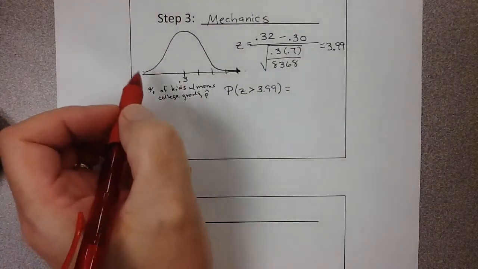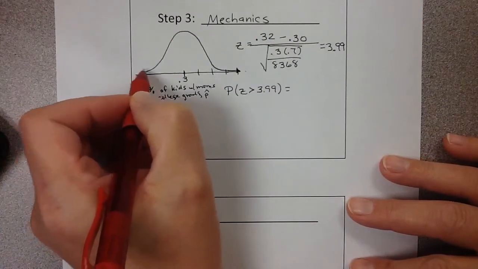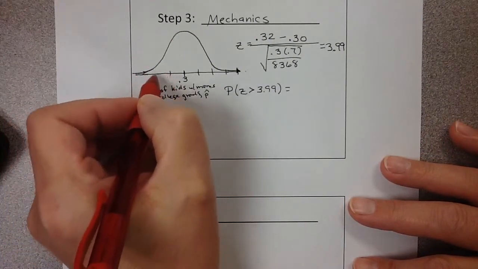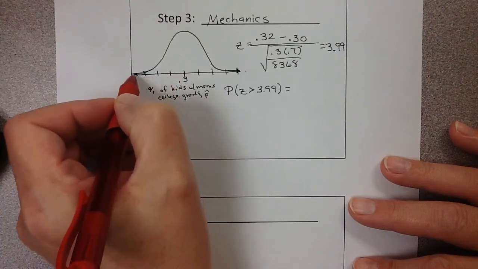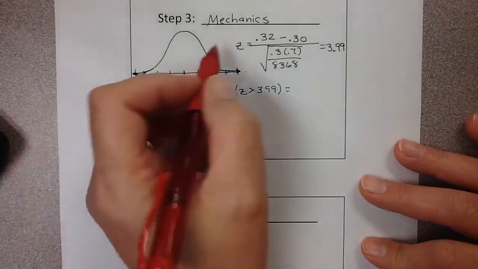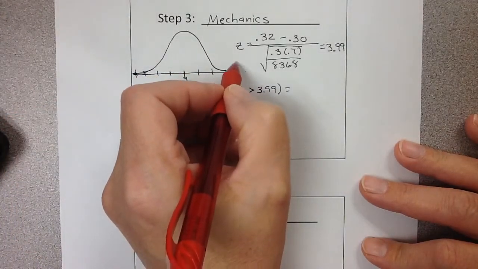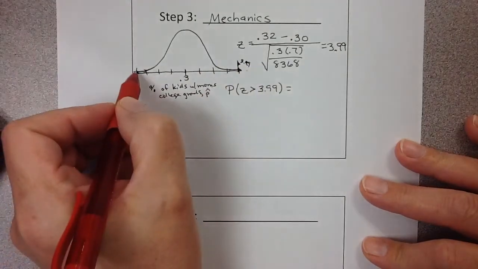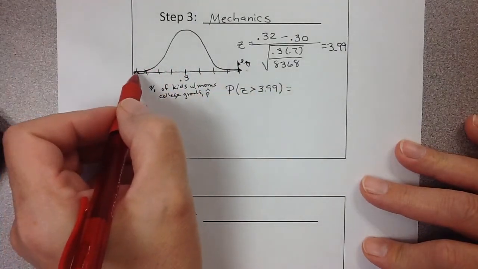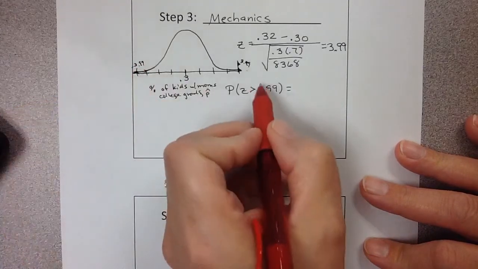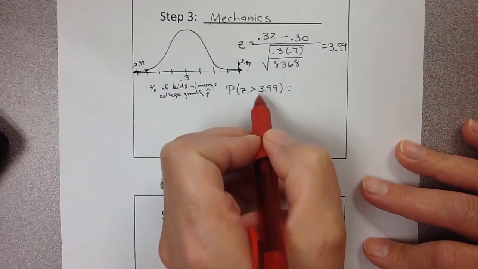So what I want to do that's different in this case is know that this is a two-tailed test, which means if I had been 4 standard deviations below the mean, then I would have been equally surprised at the result. So when I find the area under the curve up here above 3.99, I also have to consider the matching area below negative 3.99, which means I'm going to have to double this probability.